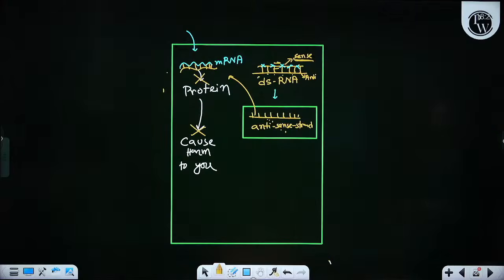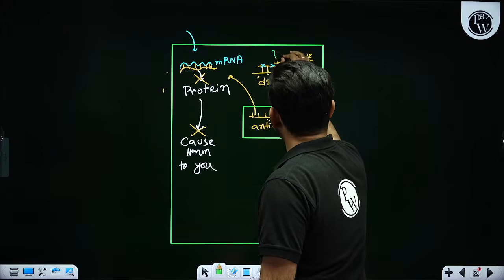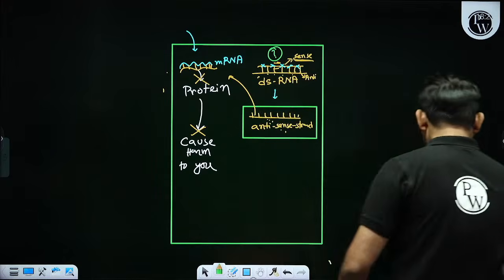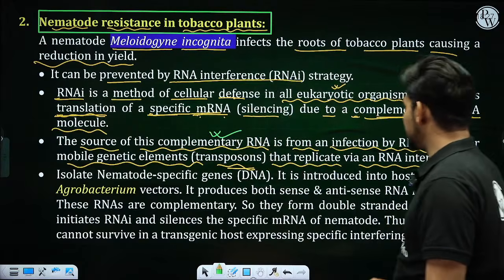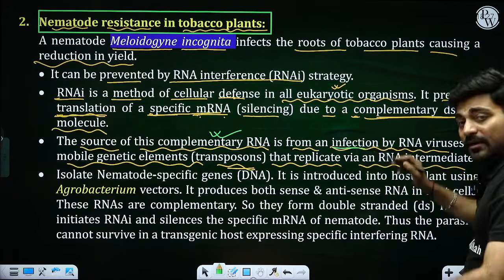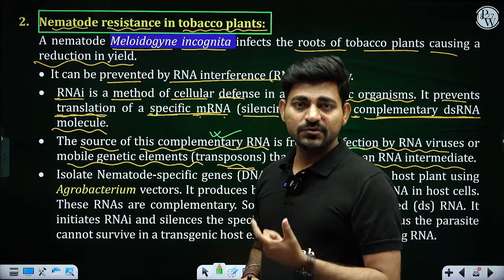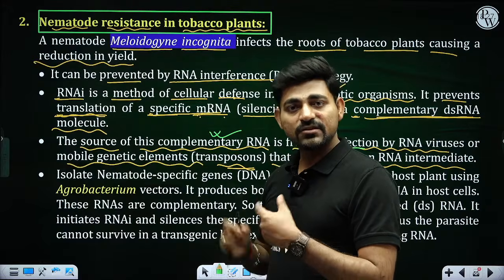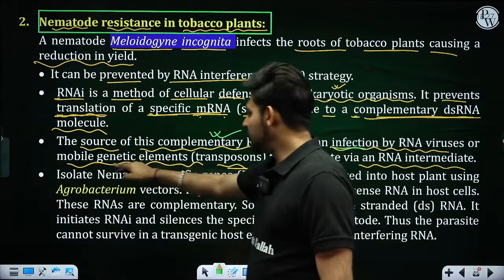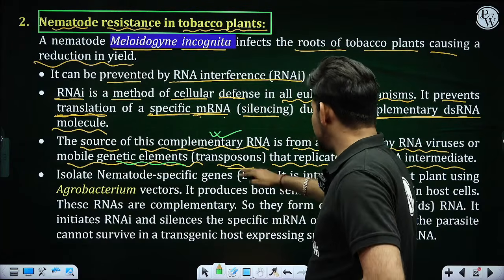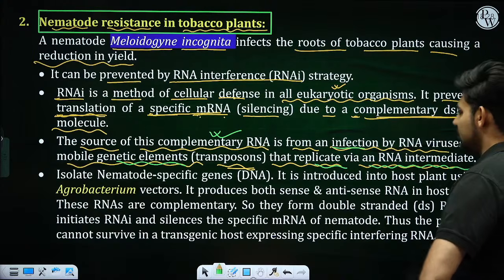Now, if you ask, sir, how will the cell get this double-stranded RNA? The answer is given here. The source of this complementary RNA is from a previous infection. The double-stranded RNA was produced inside the cell as a result of some previous infection by RNA virus or some mobile genetic elements or transposition that replicate via RNA intermediate.